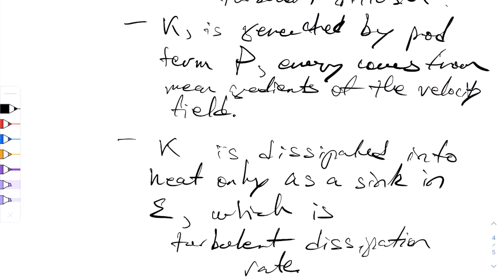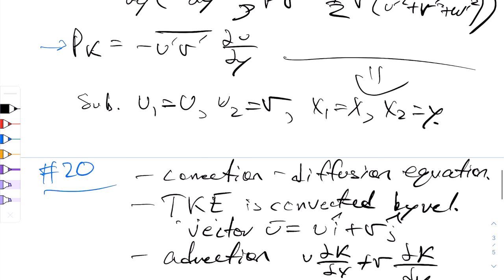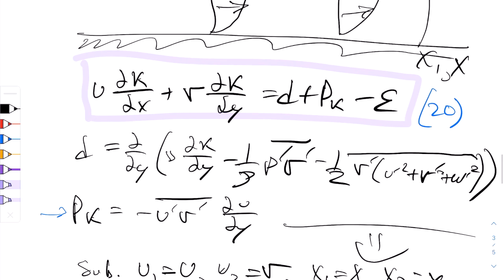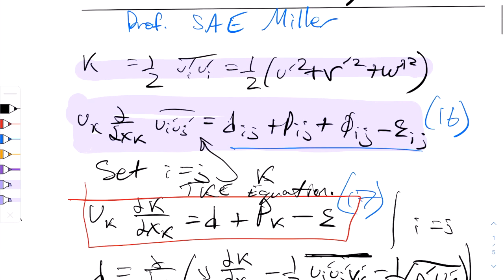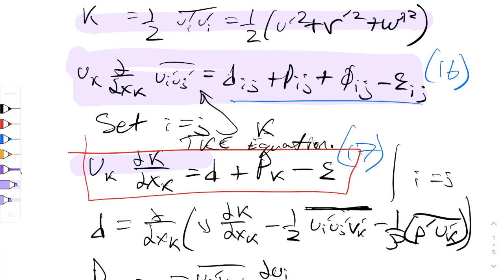With these particular thoughts, go back and look at the boundary layer TKE equation, equation 20, and the general turbulent kinetic energy budget for, indeed, incompressible flow, equation 17.